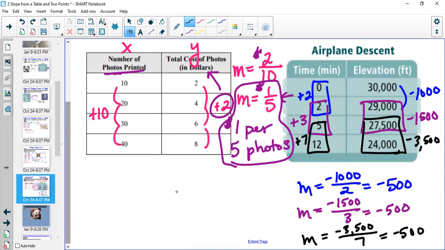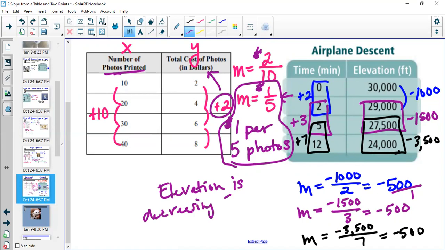Now let's explain what exactly that means. What is going down 500? Well, that is our y, and I would put it over 1 to explain this. So our elevation is decreasing 500 feet.